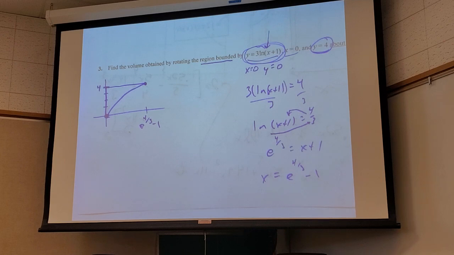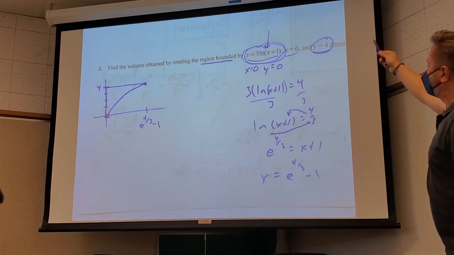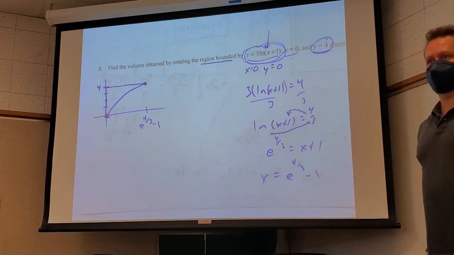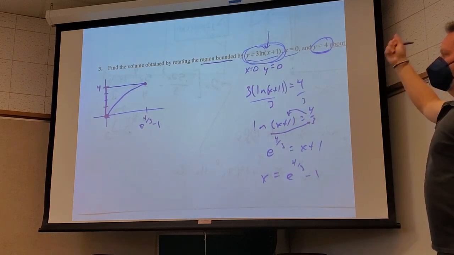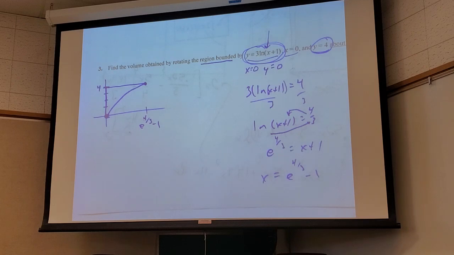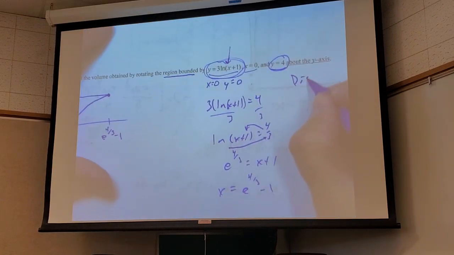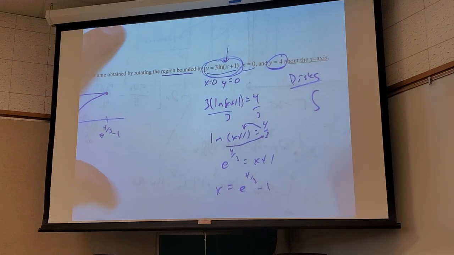Now here's a different reason on this problem. Why don't I want to use disks? Because the function I've got, when it's a function of x, I can't integrate it. I don't know how to do it. So what if I instead tried shells? So discs would need integral, oh, what am I doing?